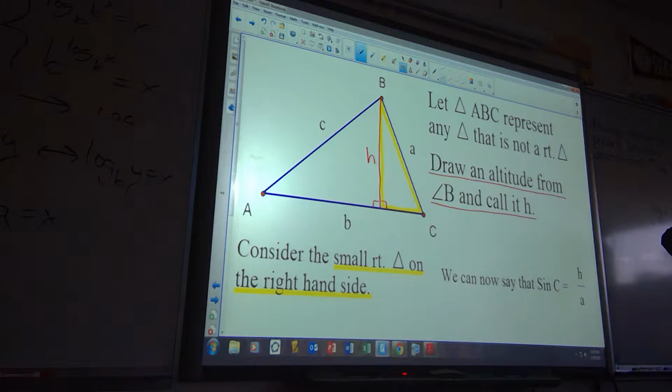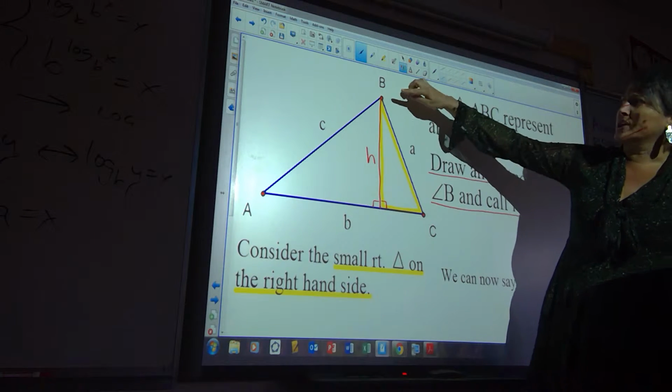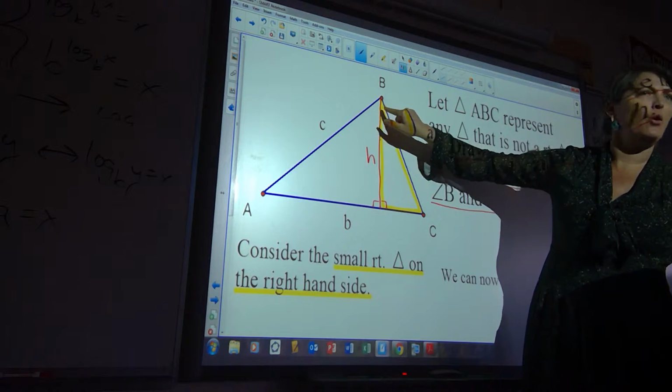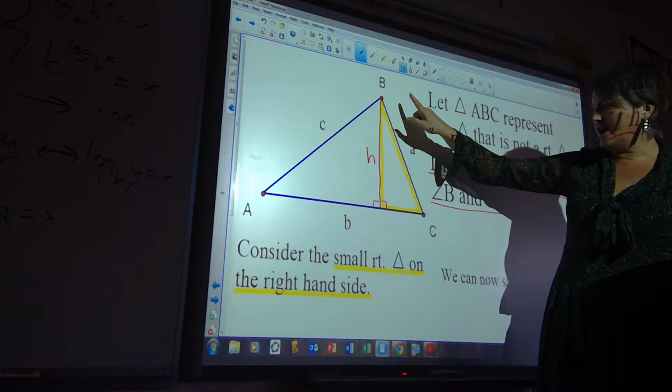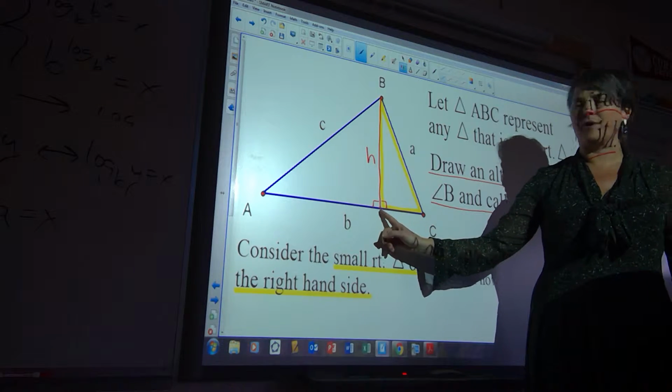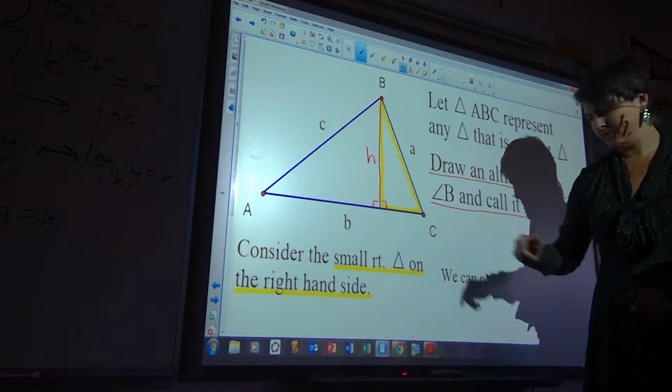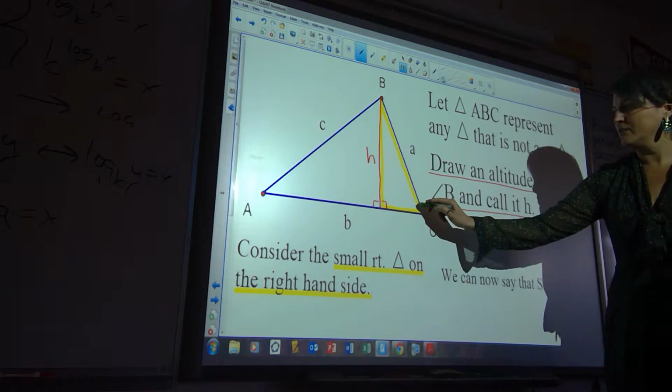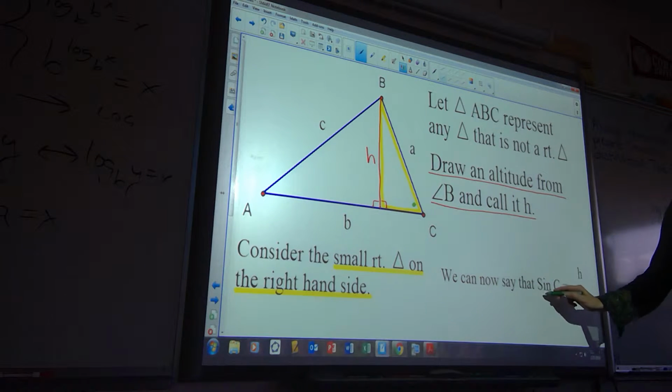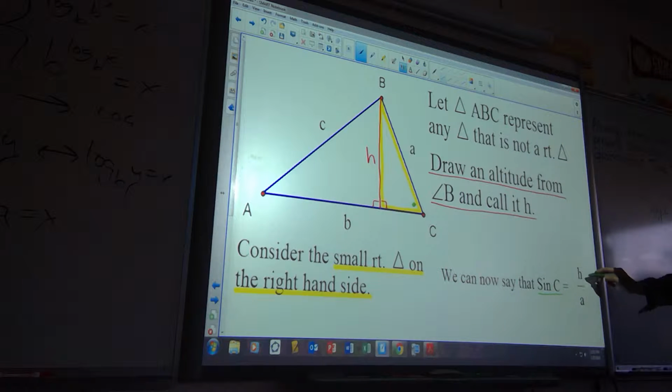Well, we can't really do SOHCAHTOA from B because it's not the whole angle B. And we can never do SOHCAHTOA from the right angle. So let's do it from here. So if we were standing right here, we could say that the sine of angle C is the opposite side, right? This is your opposite side, H, divided by the hypotenuse, which is A.